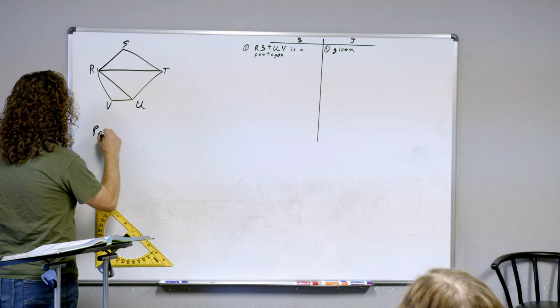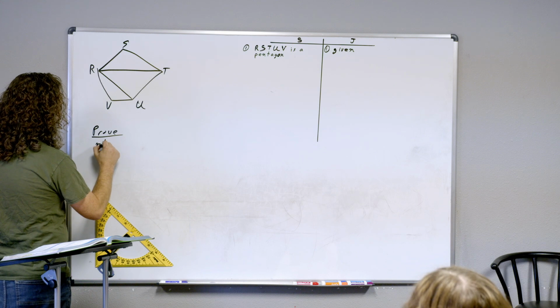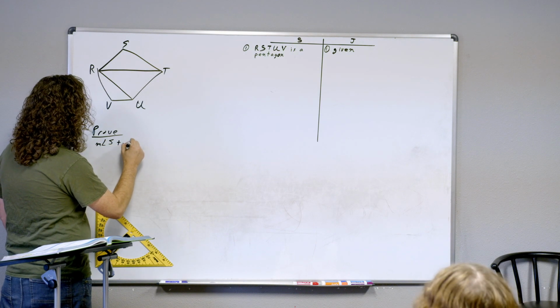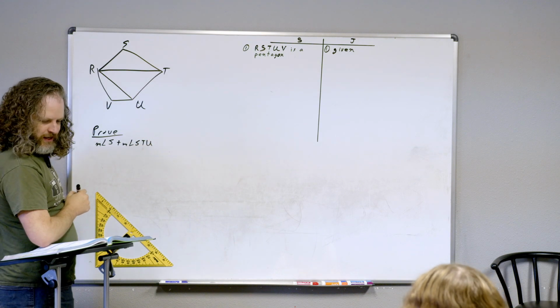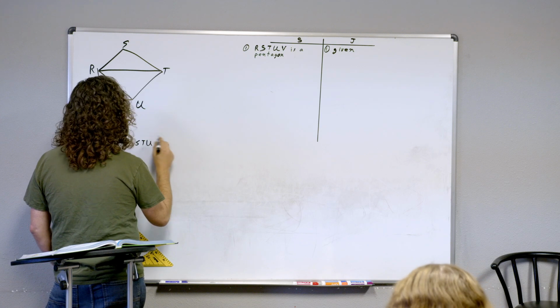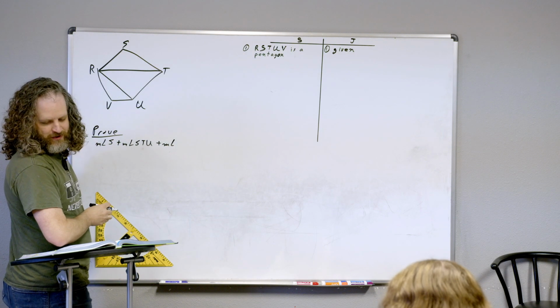All right, so we are supposed to prove that the measure of angle S plus the measure of angle STU plus the measure of TUV. We're proving a theorem that we're going to learn later.